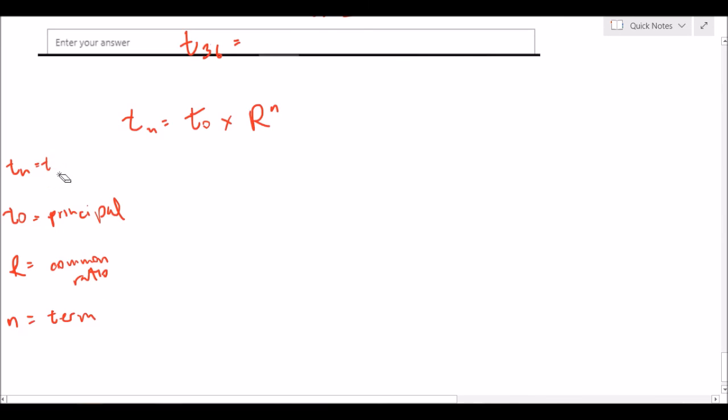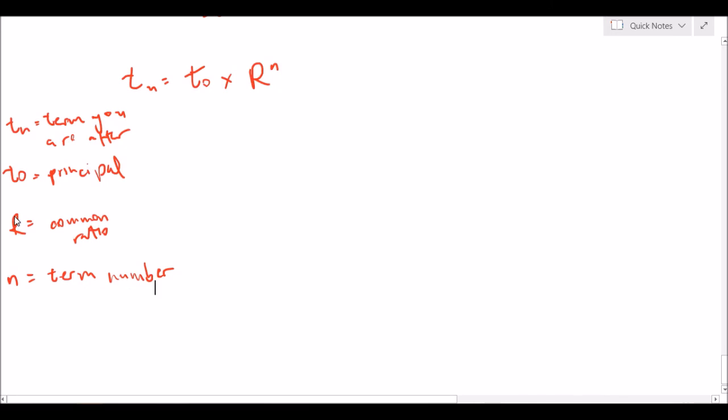Actually, I should make this the term you are after, and then this is the term number. So Tn and n are more or less the same.